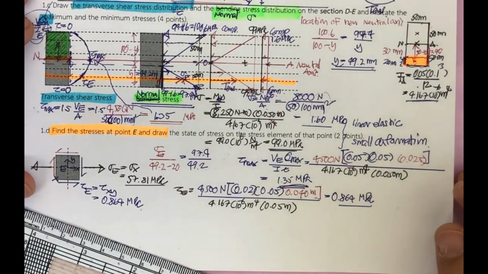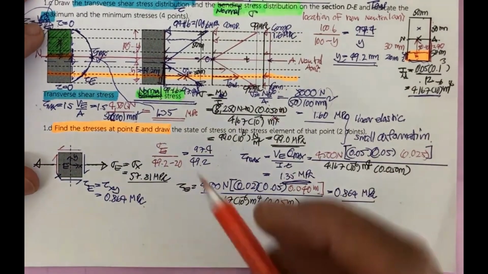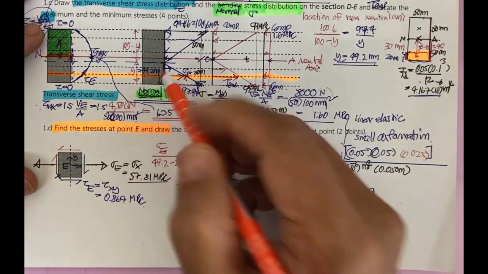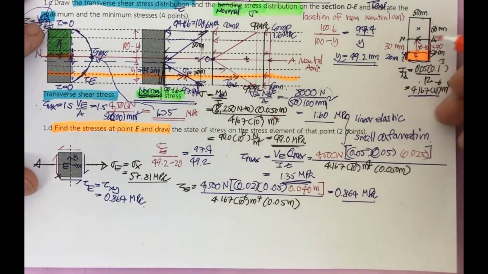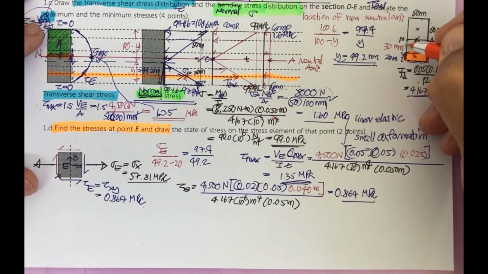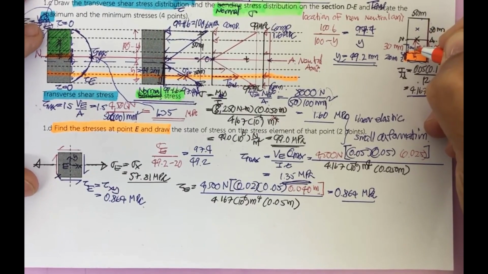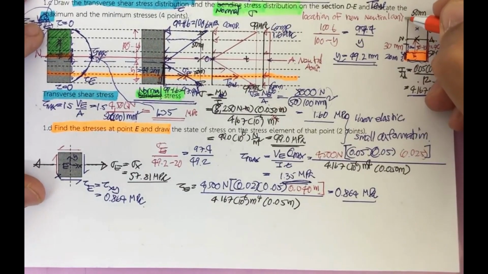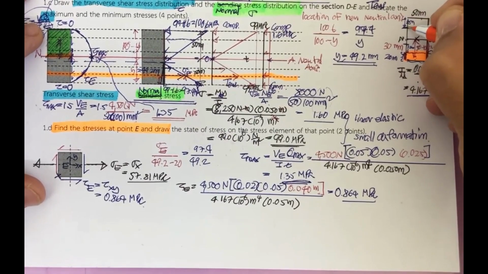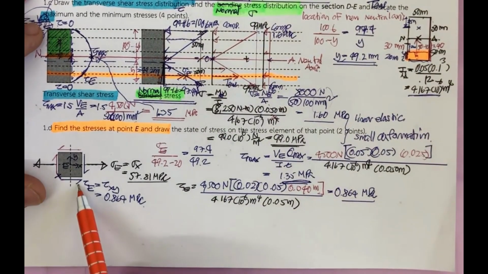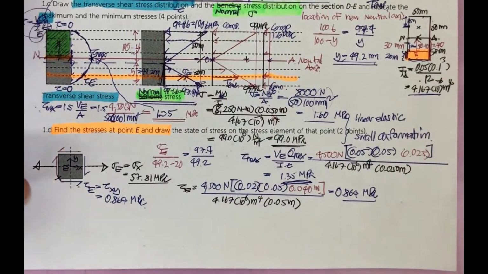And then I would like to make the assignment for you guys. If you prefer, please go back and try the other point. This is the point E. Let's say if you put this one another 20 millimeter, can you find the stress element here? Or if you measure this one for 25 millimeter at this point, can you determine the stress element for that point?